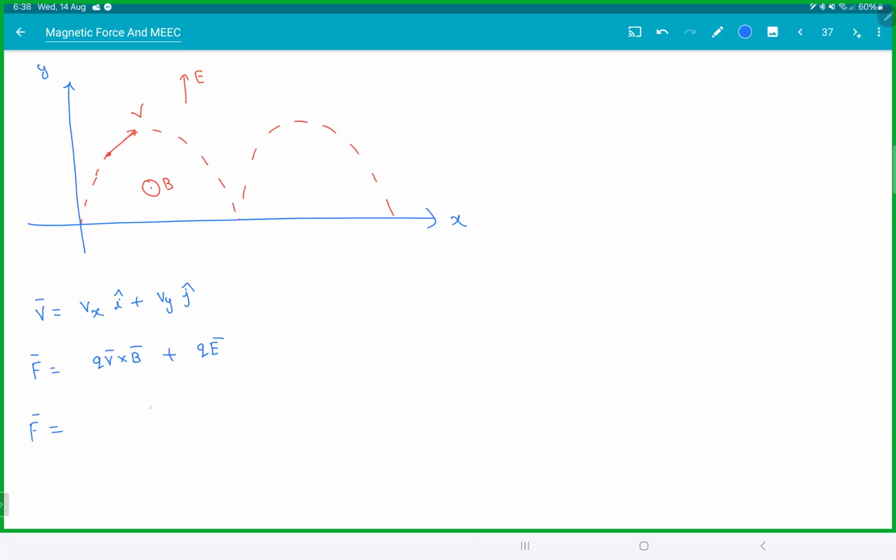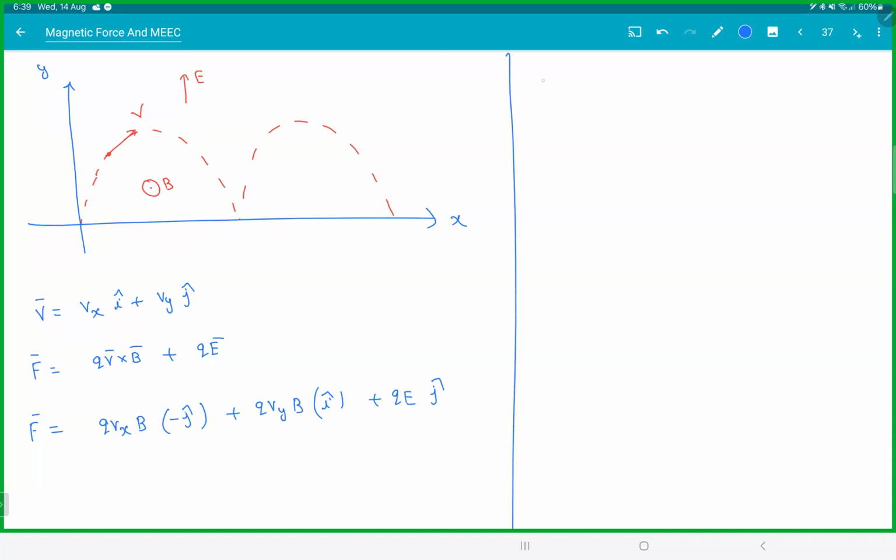So the force would be qv cross B, and B is B k cap, right? So i cross k: q vx B, i cross k is minus j. q vy B, j cross k is i cap. And the electric force will be qE j cap.